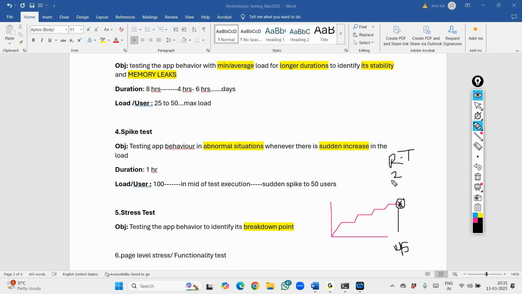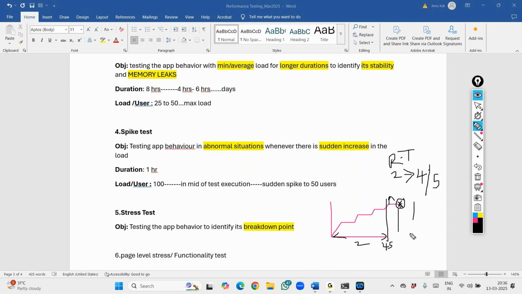Till 45 minutes, and after 45 minutes, whenever you increase the extra load, there is a sudden spike in your response. So before that, the response time was 2 seconds, and because of this stress, it moved to 4 seconds, or 5 seconds.